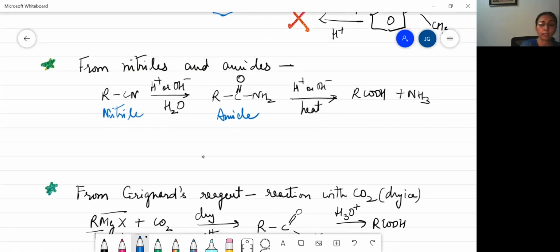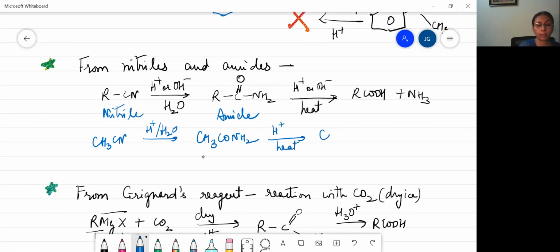So if I take, let's say, this one, H+ and H2O will give you the corresponding amide, CONH2. This upon further hydrolysis and heating will give you the carboxylic acid, with two carbons, the same number of carbons.